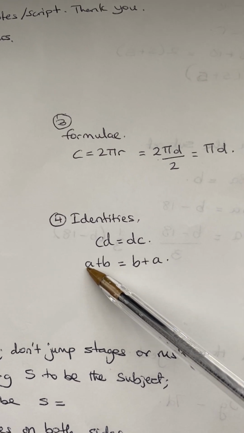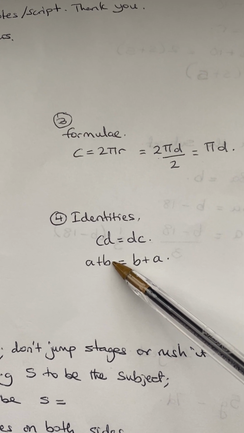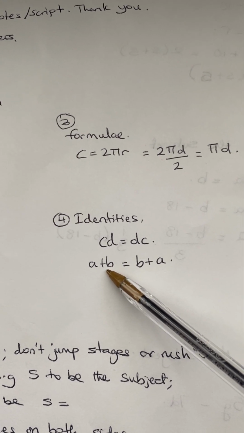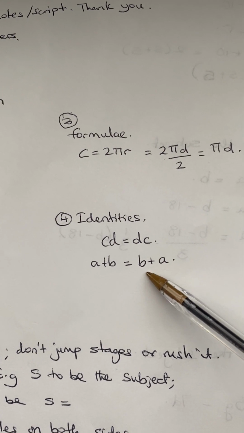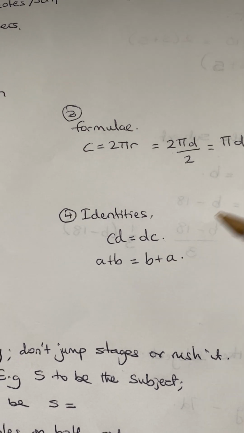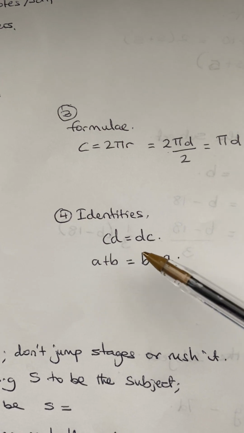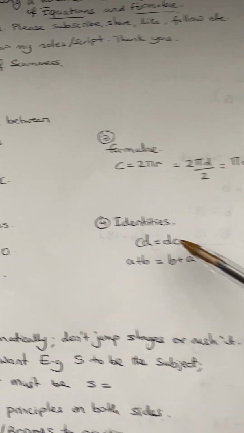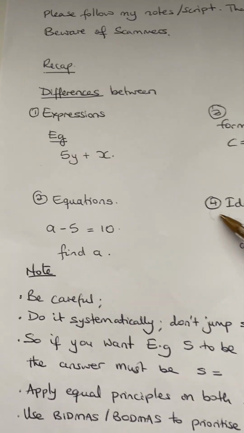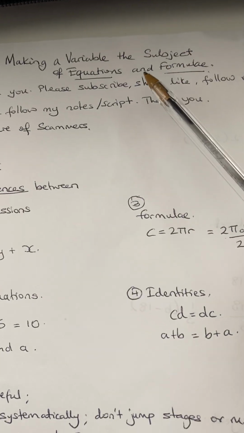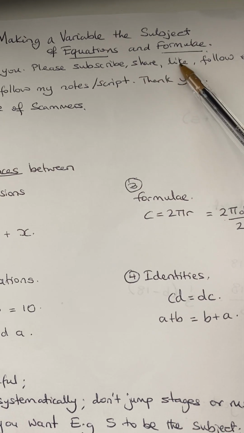So if A is 2 and B is 3, your answer here will be 5. 3 plus 2 will also be 5. So they are identical, they are the same. You have not done anything. Okay, so this is what we've been doing, and I said I wanted you to know. Now today we want to make a variable the subject, finding the subject.